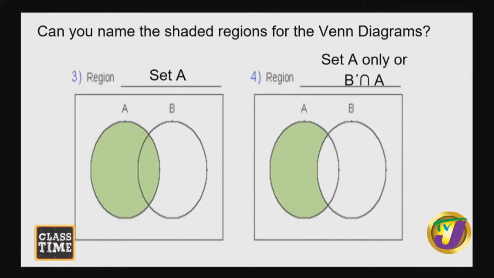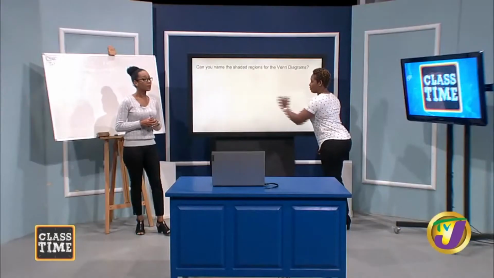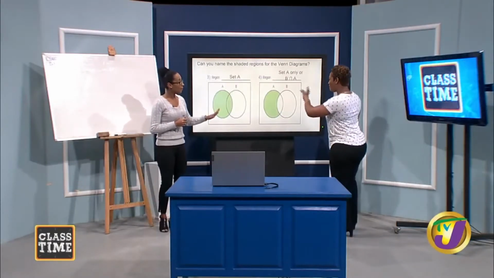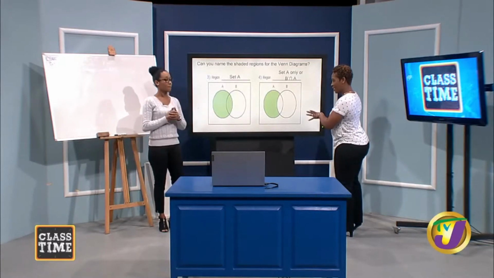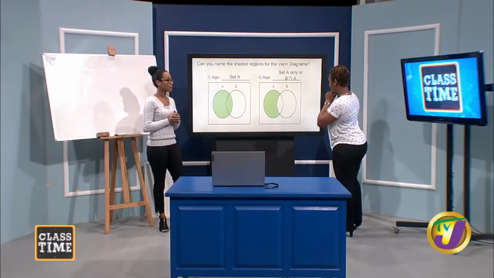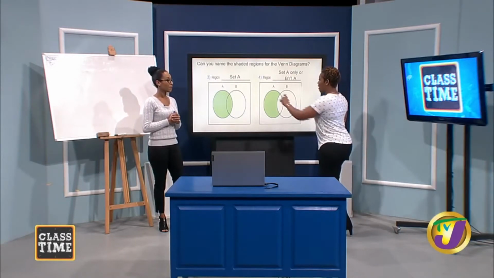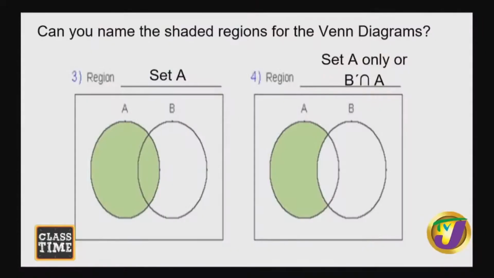So guess what? We would have thought B complement would have been everything outside of B, right? But then it says intersect with A. So although this in the rectangle would be outside of B, because it's intersecting with A, it has to be something that is common.